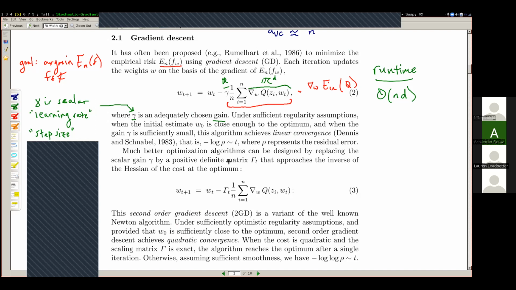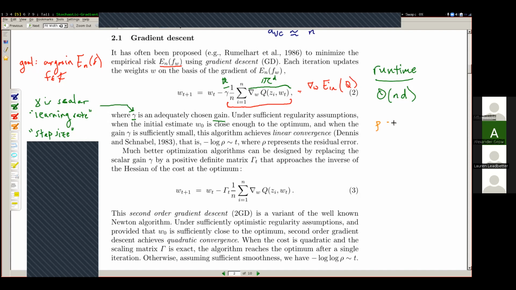Okay, the number of iterations that we need. So they talk about that right here. Rho is specifically the accuracy that we're trying to get to. So the rho value is going to be the difference between our W T plus 1 and the optimal of this minimization here.